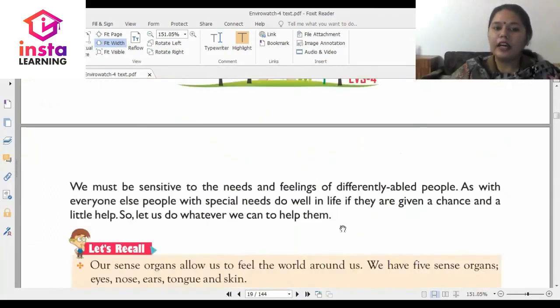All right. And very important, this is something that you really need to keep in mind to be a good human being. We must be sensitive to the needs and feelings of differently abled people. Never ever make fun of differently abled people.